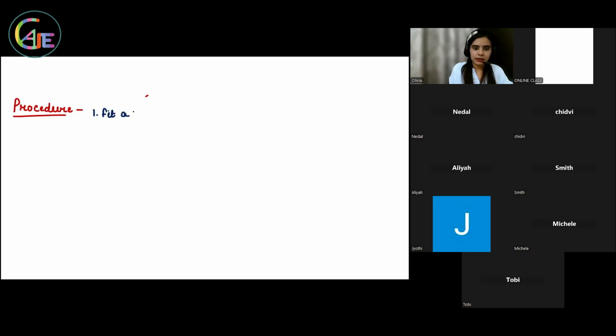Fit a clean burette. When I say clean, it not only means visibly clean, it should be contamination free. This is the main thing we should focus on. Fit the clean burette vertically in a burette stand.